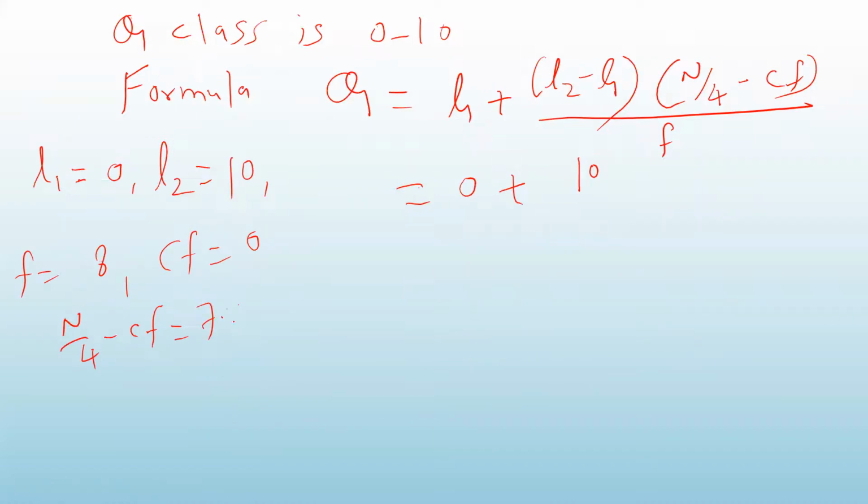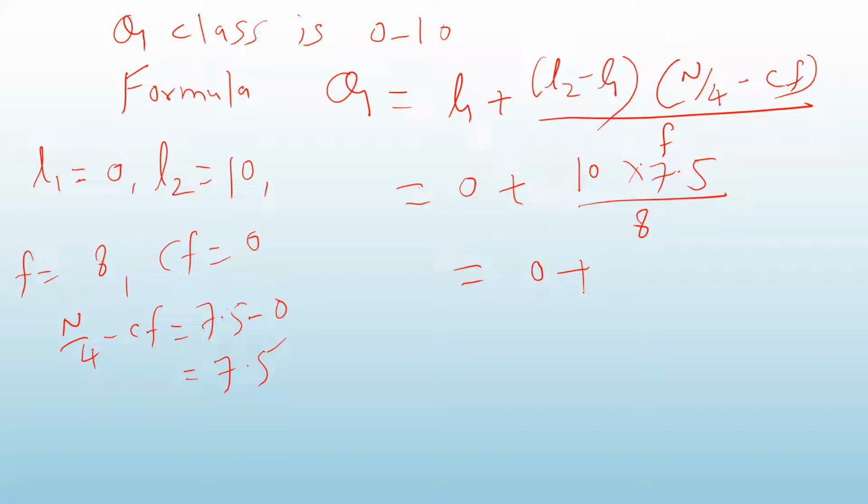So this is 7.5. CF is 0. So 10 into 7.5 divided by what is the frequency? 8. Find out कितना आएगा? 10 into 7.5 divided by 8. How much?